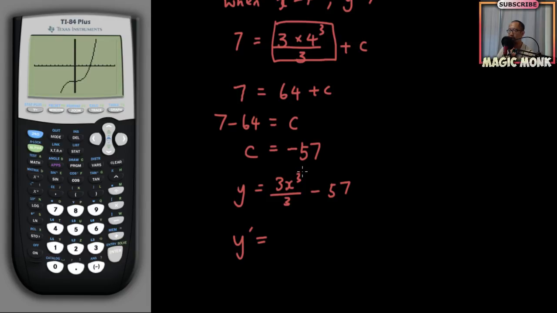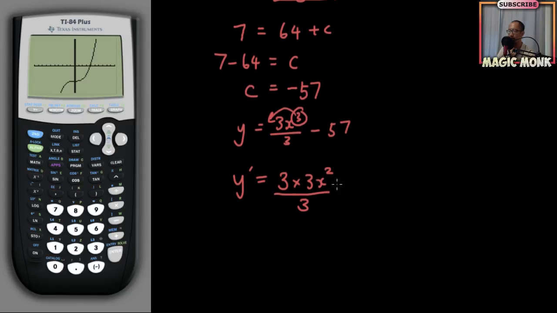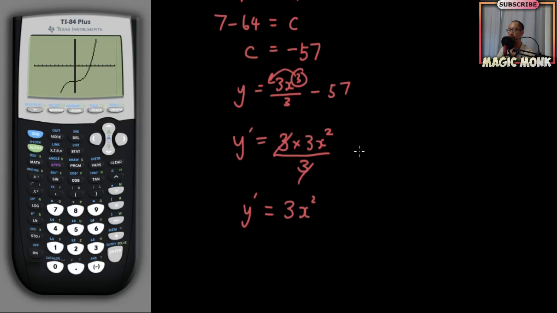To differentiate, you move the power to the front, so it's 3 times 3x to the power of 3 minus 1, which is 2, and then copy down the over 3 because that's part of the coefficient. A constant at the end just disappears after you differentiate it. So 3 divided by 3 is 1, and we're left with 3x squared. y dash equals 3x squared.